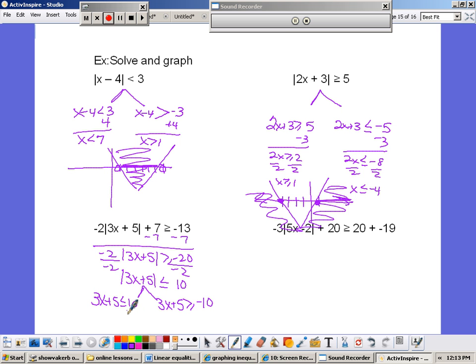Move my 5. 3x is less than or equal to 5. Divide by 3. X is less than or equal to 5/3. Move my 5. 3x is greater than or equal to negative 15. Divide by 3. X is greater than or equal to negative 5. So here are my two values.